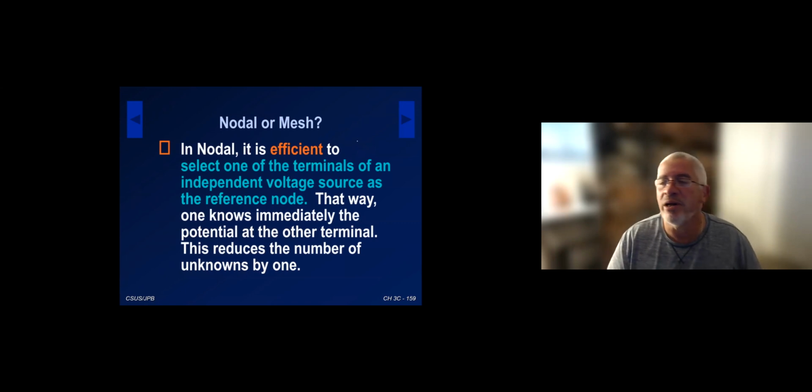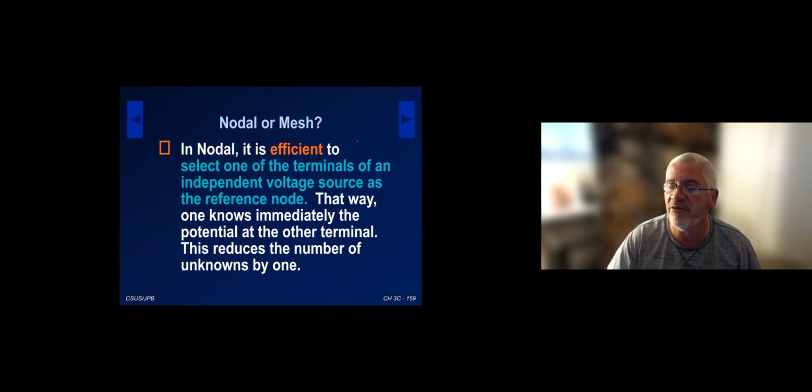Of course, in nodal, again, assuming you're comfortable with dealing with voltage sources in nodal and with current sources in mesh, when you have voltage sources, particularly when you have independent voltage sources, the equations tend to be very, very simple. You write one equation. You don't have to do Ohm's law and substitute in.